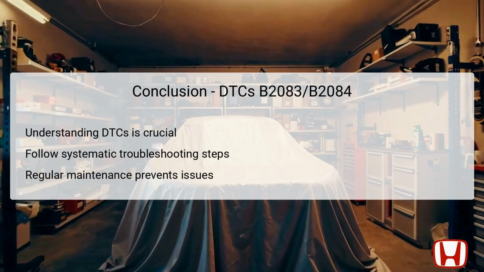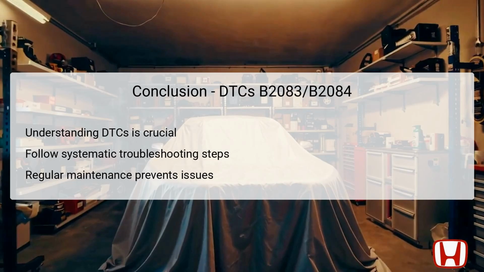In conclusion, understanding the implications of DTCs B2083 and B2084 is vital for proper vehicle maintenance and repair. These codes pertain to significant components within the Honda Odyssey's sliding door system, indicating malfunctions that can affect usability and safety. Following the systematic troubleshooting steps ensures a thorough approach to diagnosing the issues, involving careful examination of all involved electrical and mechanical elements.